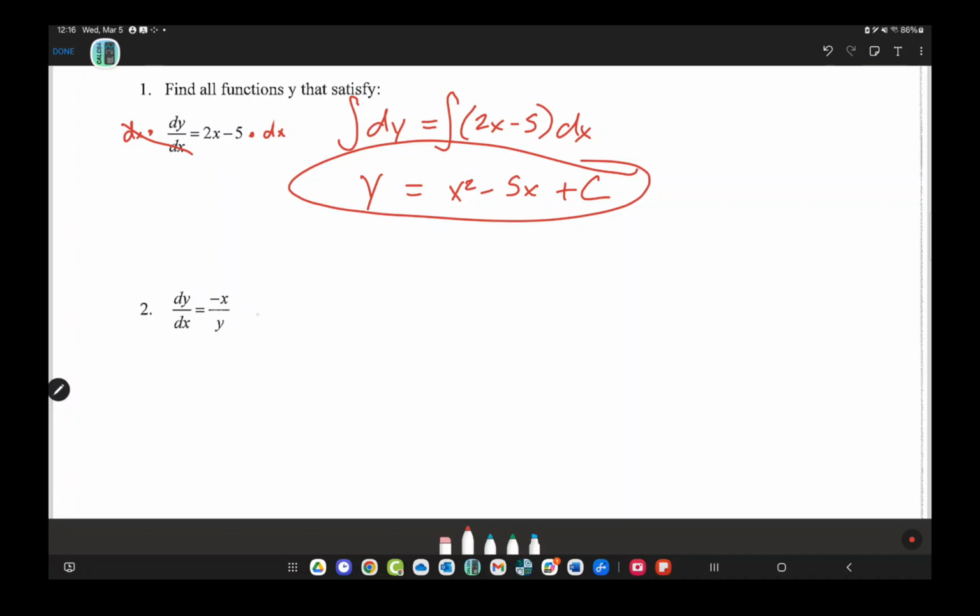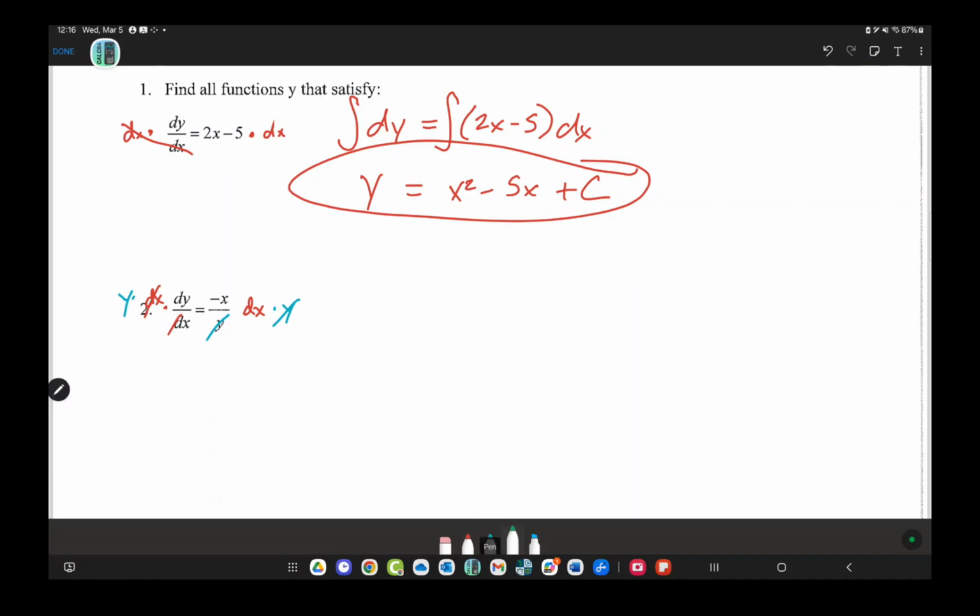All right, so here, again, we need to get dx and dy on both sides, and I want all my y's on one side, all my x's on the other. So I'm going to multiply both sides by dx and multiply both sides by y to cancel out my denominators.